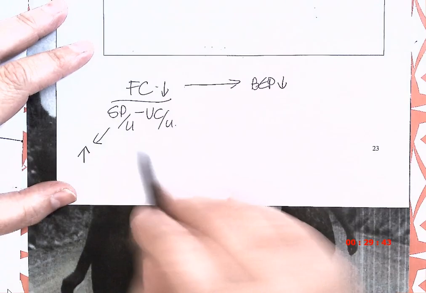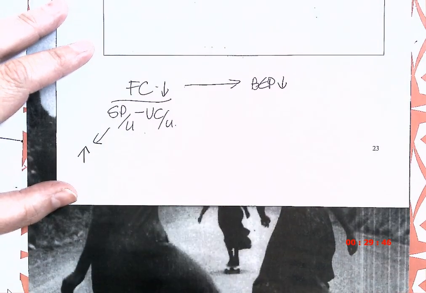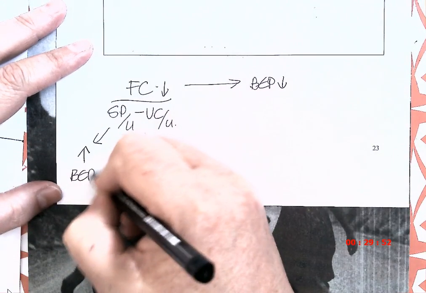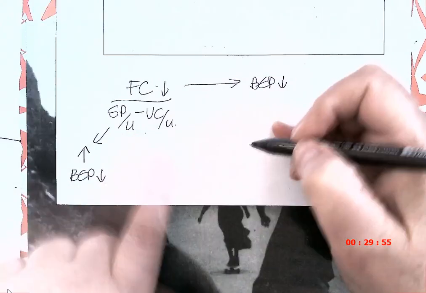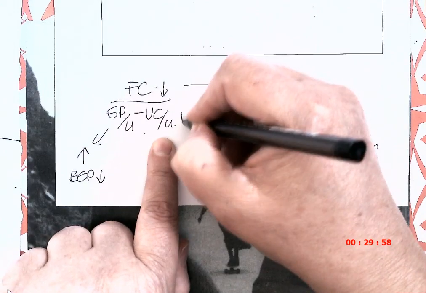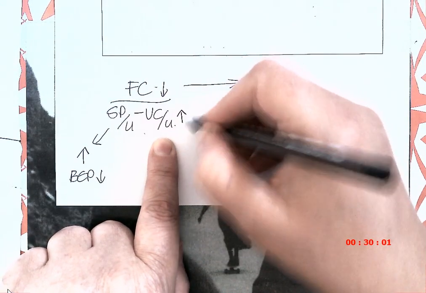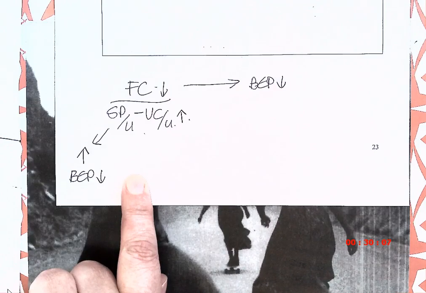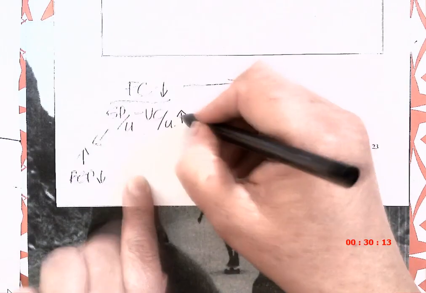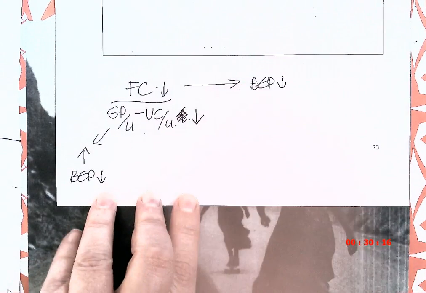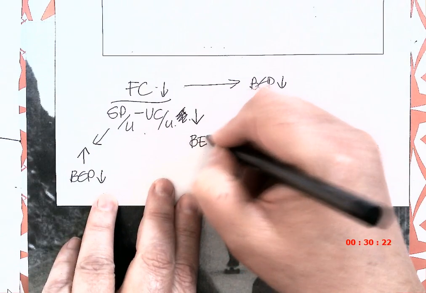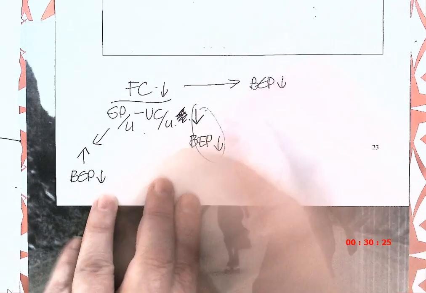That will lead to your contribution to be bigger, which will lead to your break-even point to decrease. If your variable costs increase, that will lead to your contribution to be smaller, which will lead to your break-even point to increase. But if your variable cost decreases, that will lead to your break-even point to also decrease. Can you see this goes together, opposite together?